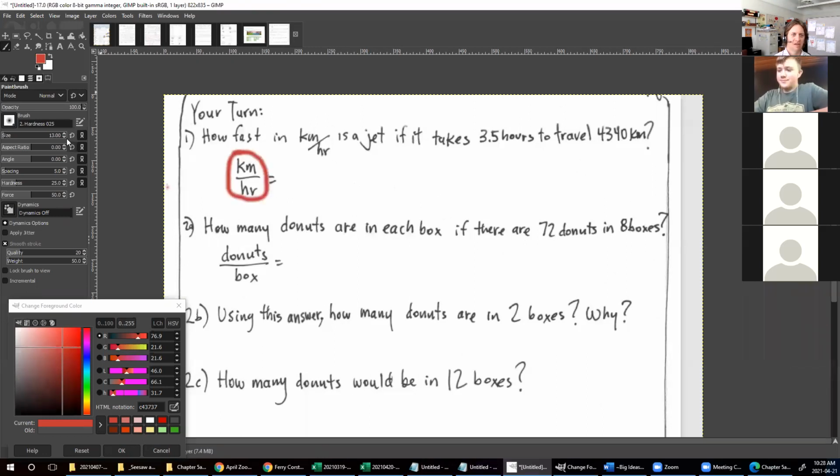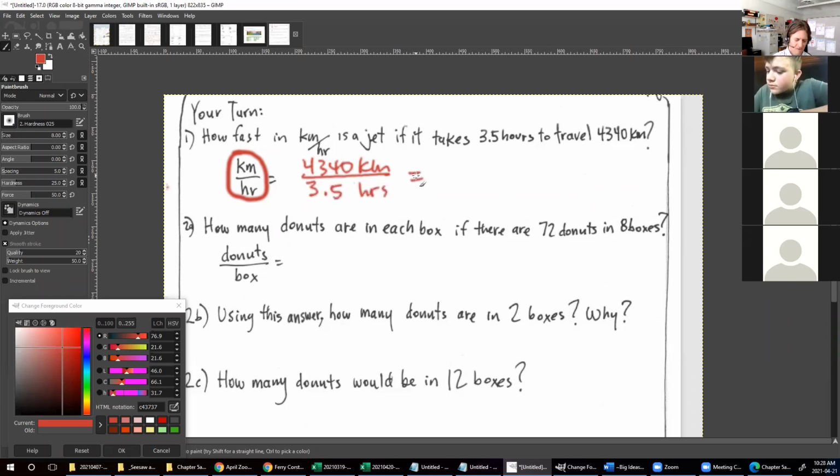Okay, so we want kilometers per hour. That's what we're asking for. So let's put kilometers in the top, which is 4340 kilometers, and divide that by hours. It takes 3.5 hours.